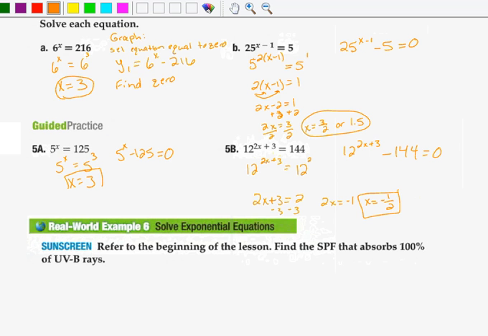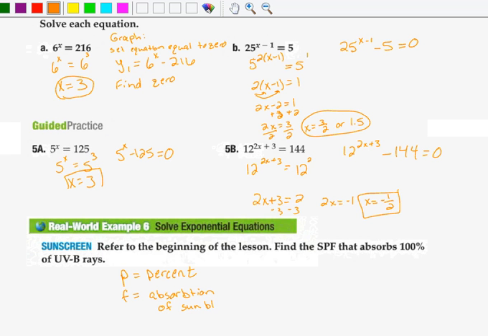It does say that we're supposed to refer to the beginning of the lesson, and I didn't put that in there. I apologize, but I'll put it in there. The equation that they gave us is we were looking at the percent that dealt with absorption of sunblock.